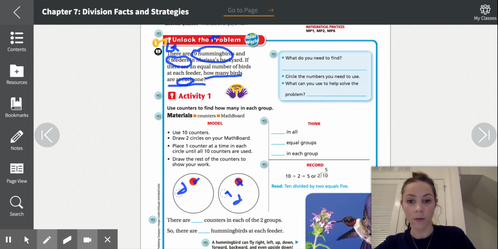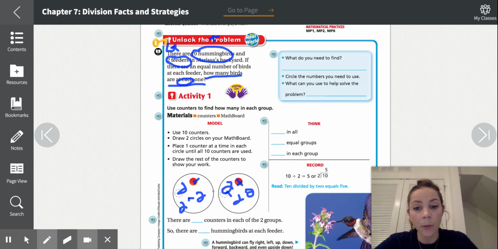Now I'm at 5, 6, 7, 8, 9, 10. All right, and then I just can see how many's in each one. Okay, so there's 10 in all. There's 2 equal groups, and I figured out that there's 5 in each group.